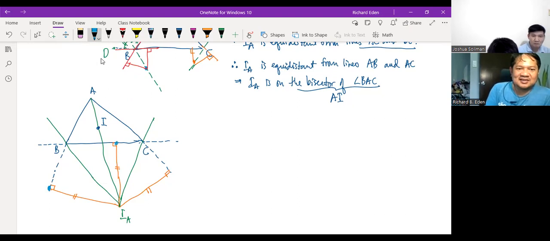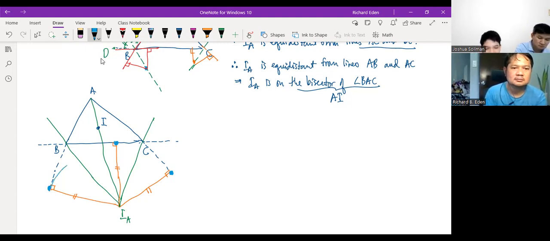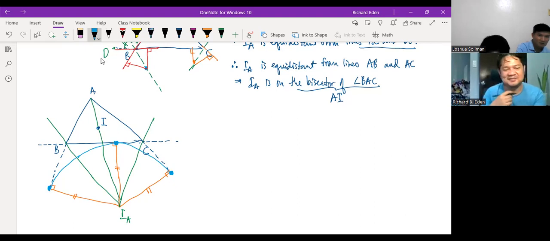So if you look at these three points, that means I sub A is the center of a circle which passes through those three points. You can use the circle tool, though the drawing is imperfect. But we're not done yet, because all we've shown is that I sub A is equidistant from those three points.